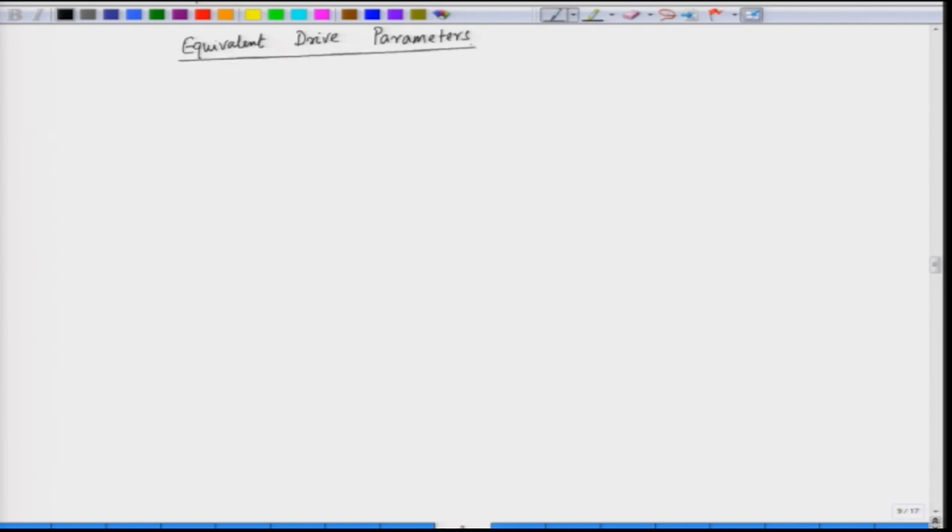Now, what we have here is a motor which is directly coupled to a load. We call this load number 0, and the motor is directly coupled with this load.